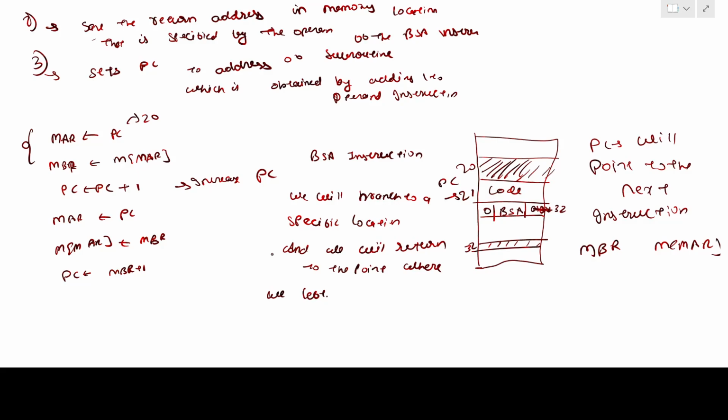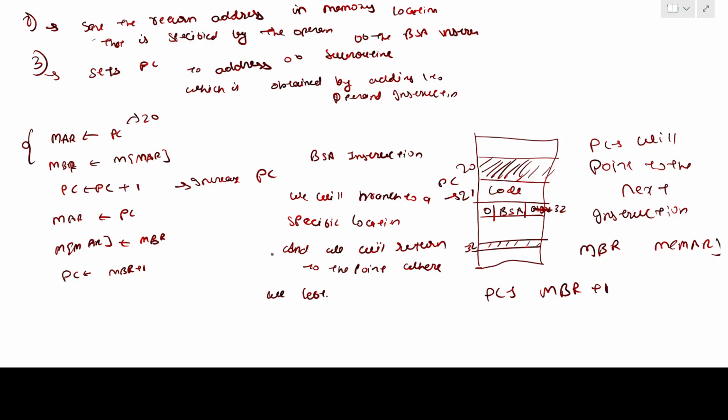Afterwards, when we have completed executing the task, the value of MAR will go into program counter, and the value of MBR, the memory buffer register, we will write into memory of MAR. And program counter will be MBR plus 1. What was in MBR was the 21st line, which the program counter was pointing to when we were performing the 20th operation.